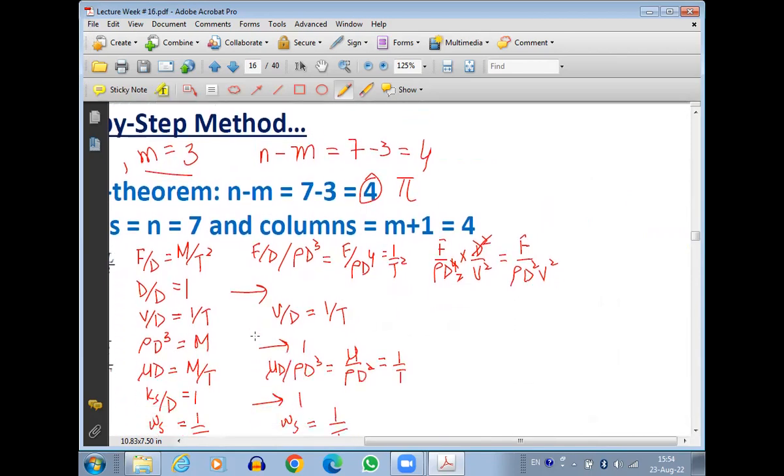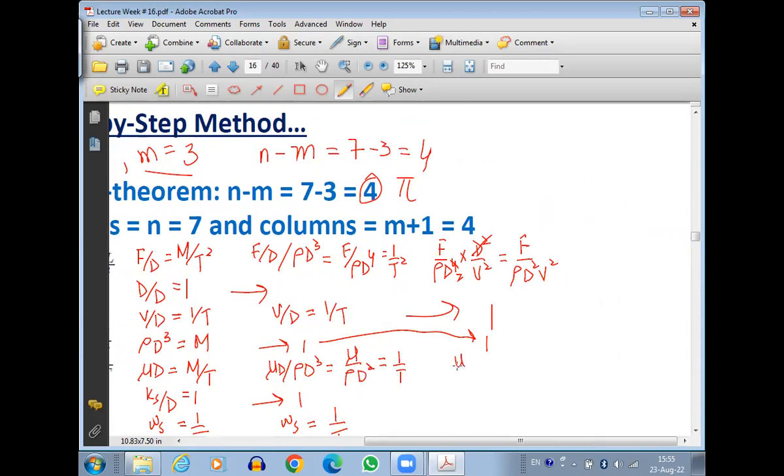So we've got this as one dimensionless parameter. V by D, if you multiply by T, which is D by V, it becomes 1. This was already 1. Here it was mu over rho d square, which was 1 by t, so we have to multiply by t.